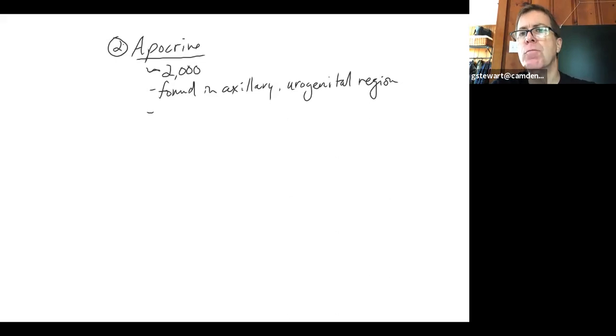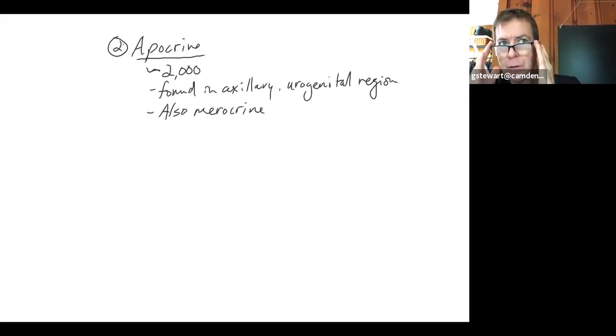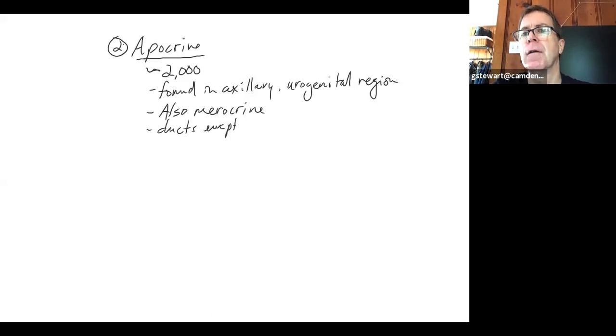They are also merocrine in function. That means that the cells are not destroyed during secretion. The ducts empty into follicles, not just to the surface of the skin. The ducts release their secretion into hair follicles.